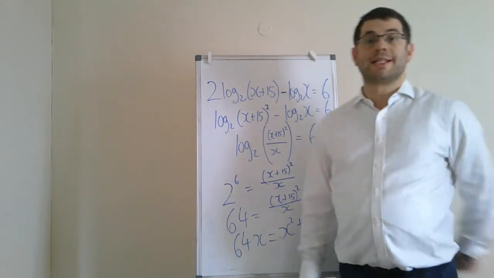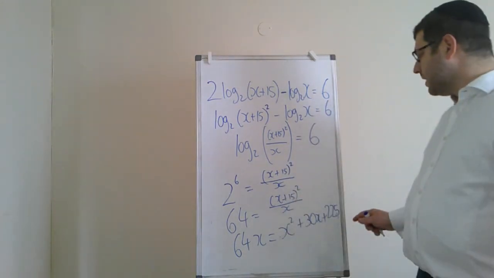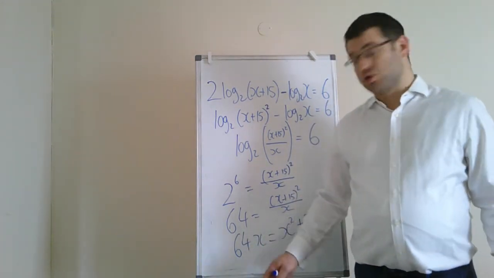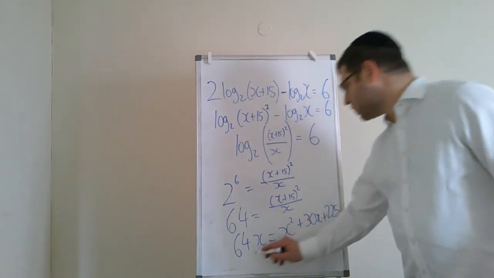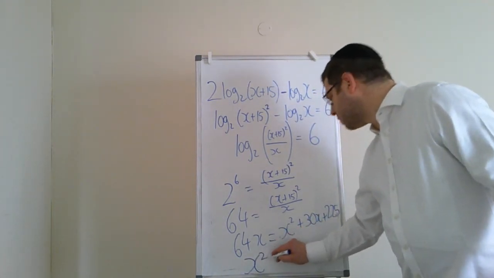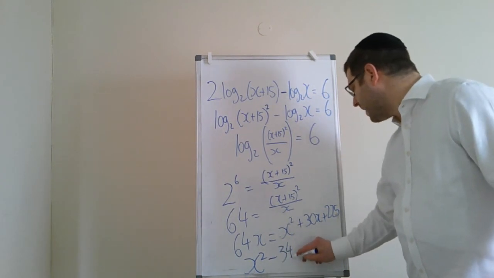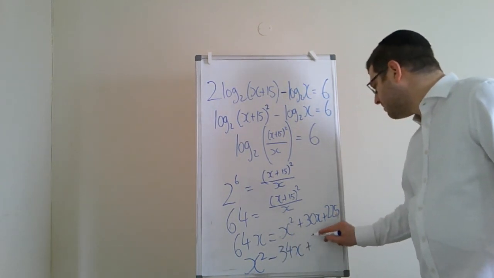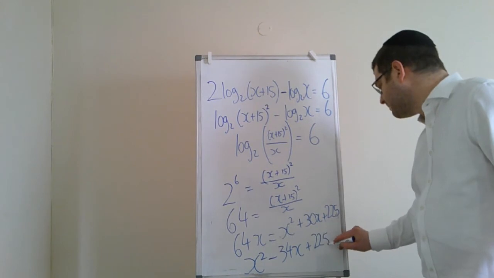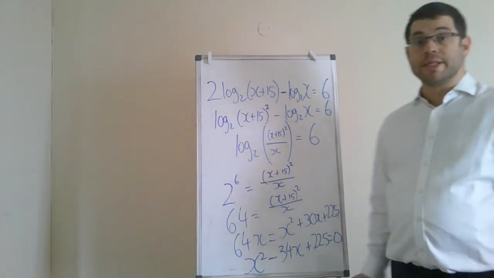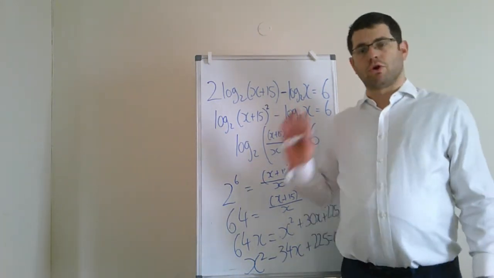And the rest of this exercise is solving this quadratic. So bring the 64 across and you end up with x squared minus 34x plus 225 is equal to 0.